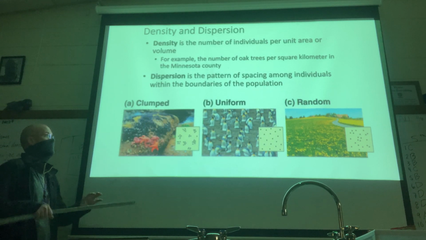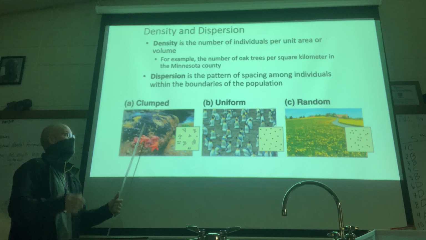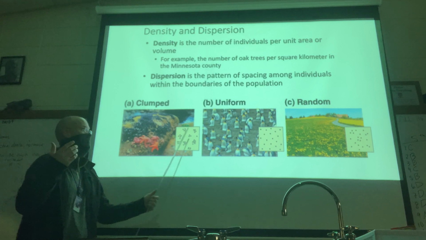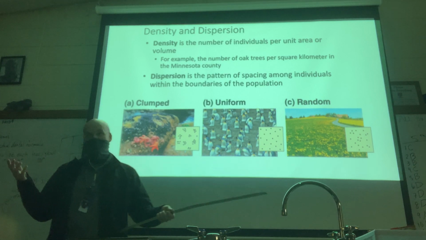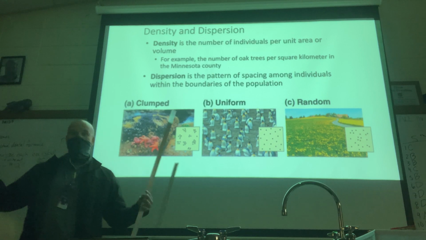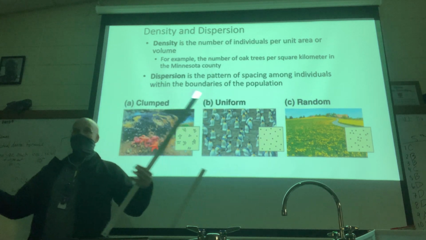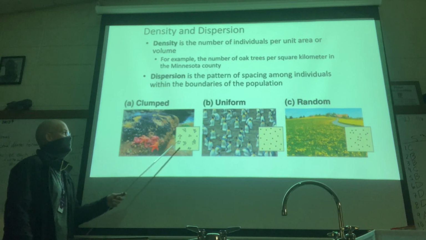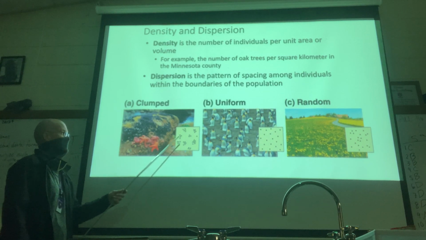Dispersion is more of a look at how an individual population spaces out the individuals of that population. So it's not about how far away or how much around the world the population can spread. It's really about the distribution within that population.